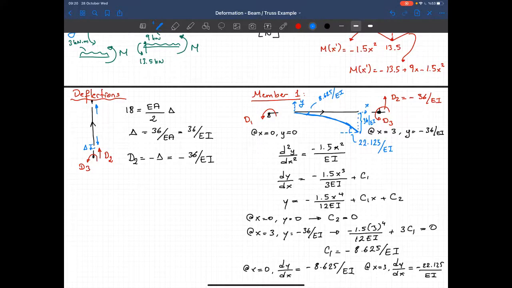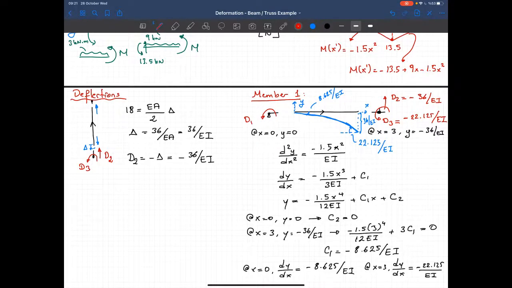Okay, now we are done with the first member. Now I know that D3 is equal to the slope at this point, so it's clockwise, and our positive direction is counterclockwise. So D3 will then become equal to minus 22.125 divided by EI.